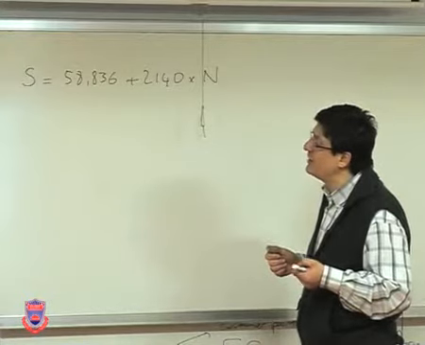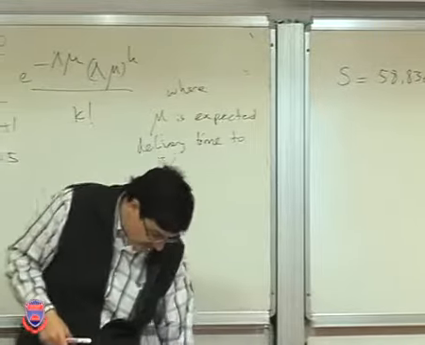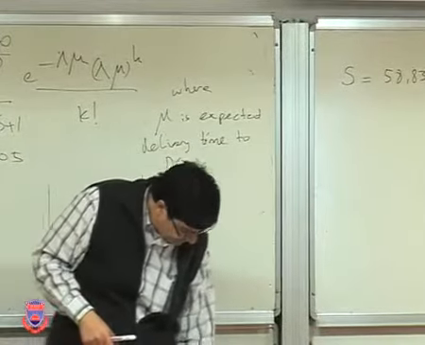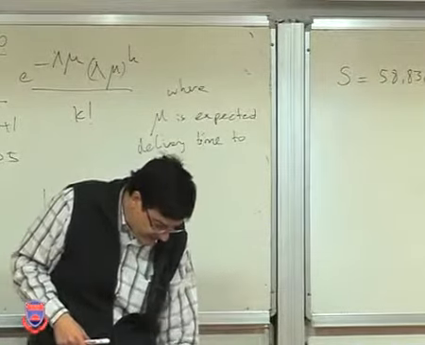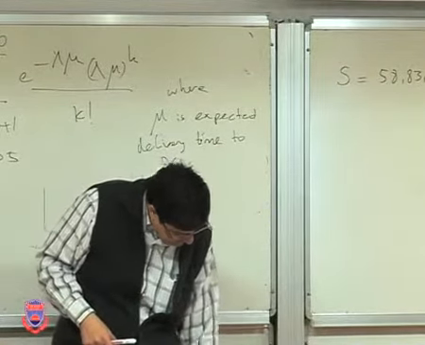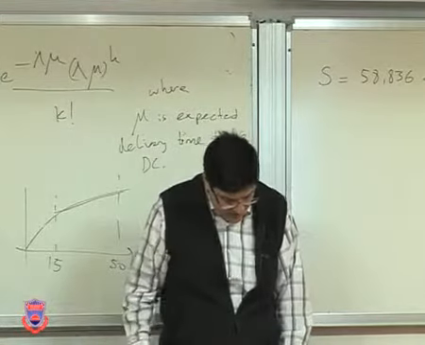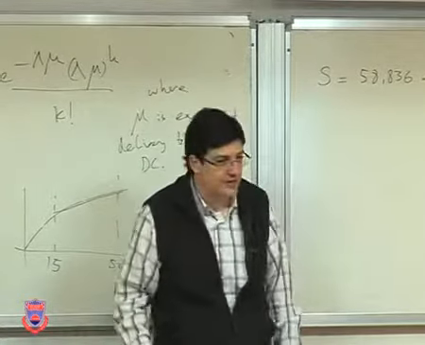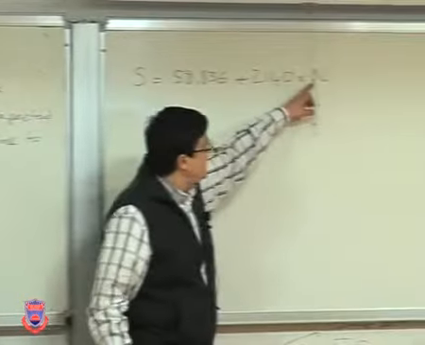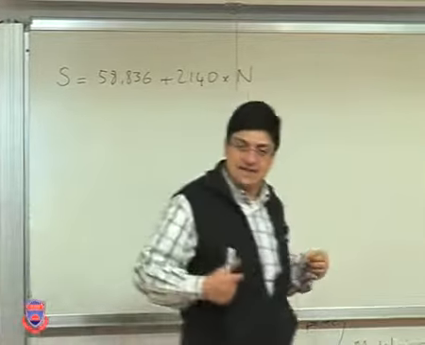Well, let me look at that. I always have problems with this specific, so the following regression relationship between safety stock and number of DCs. So N is the number of DCs, and this is total safety stock in the system.